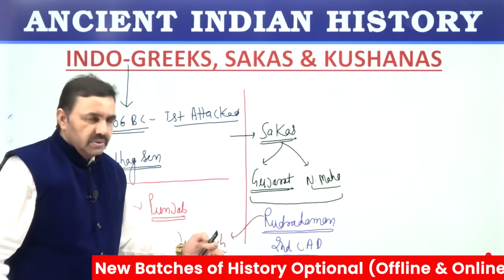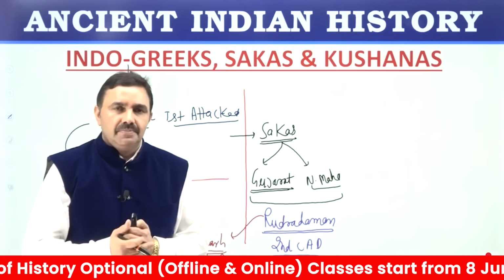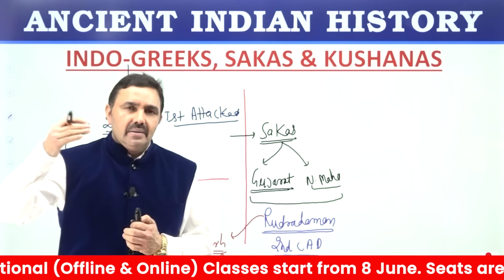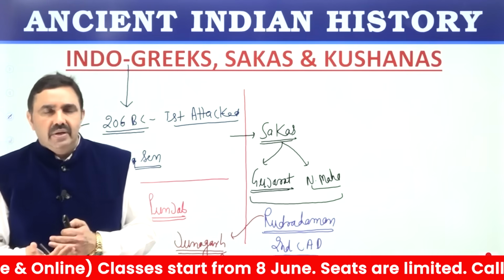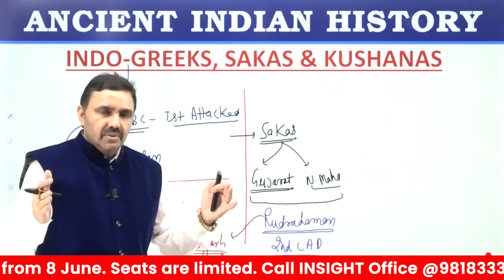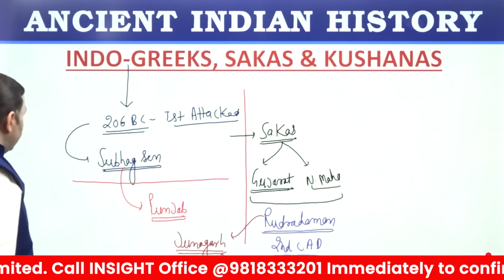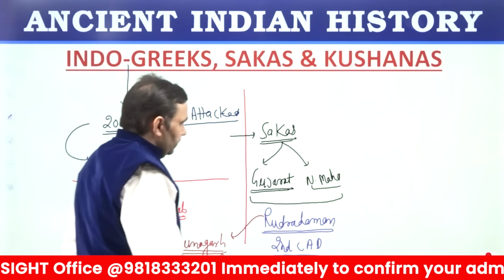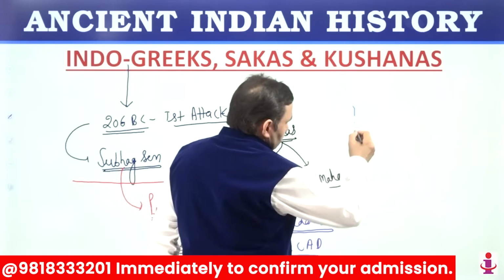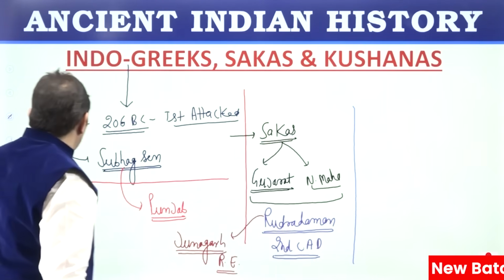This Rudradaman inscription is the first inscription in pure Sanskrit language. So earlier Prakrit was used very commonly, but now Sanskrit had started to be used in inscriptions also. The Junagadh rock inscription of Rudradaman is the earliest example of the use of pure Sanskrit in inscription in India. Very important point that you have to remember.